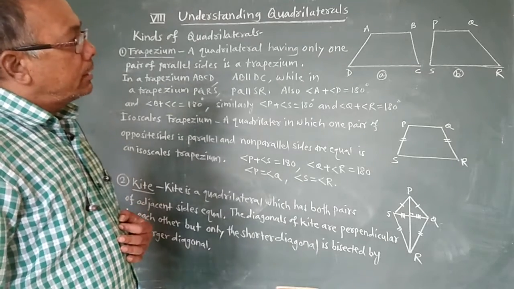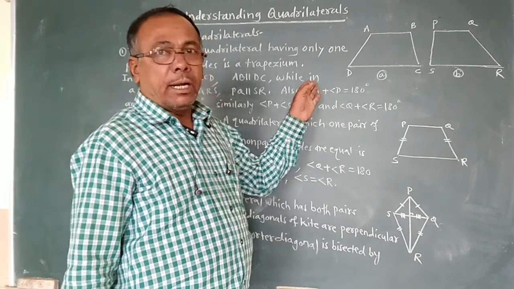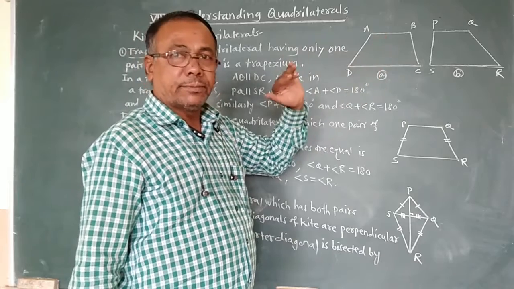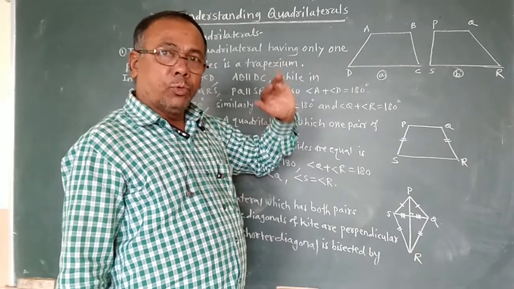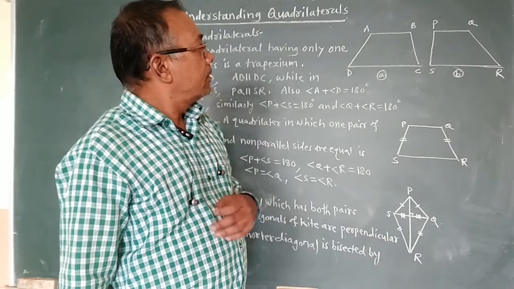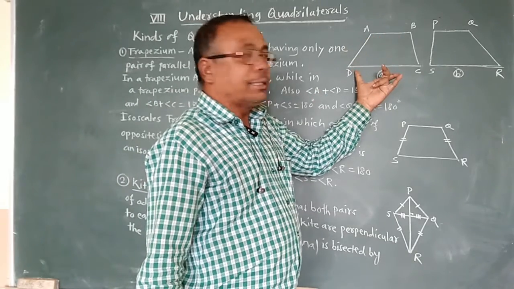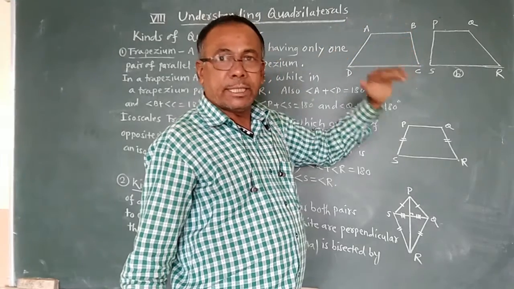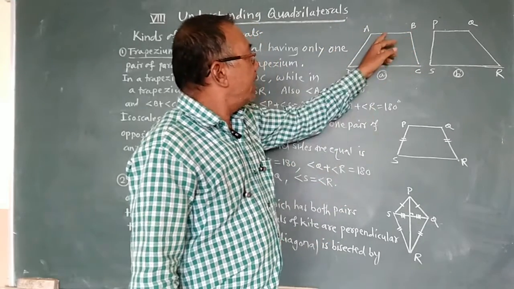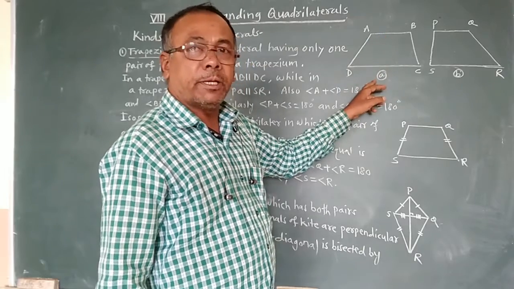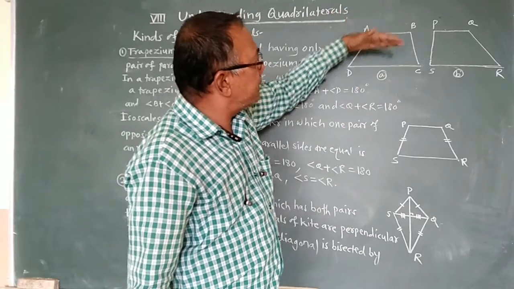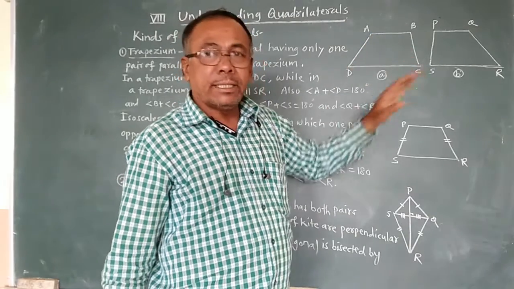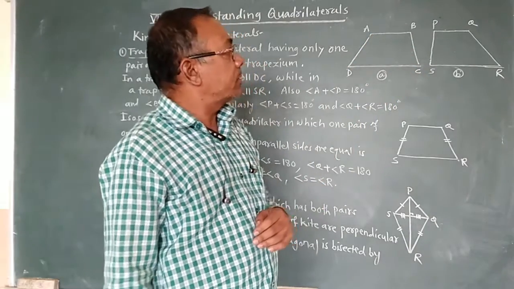We know that the quadrilateral has two pairs of opposite sides, or two pairs of sides: AB and DC, the first pair, AD and BC, the second pair. Here, AB and DC is the first pair, and these two sides, AB and DC, are parallel to each other.